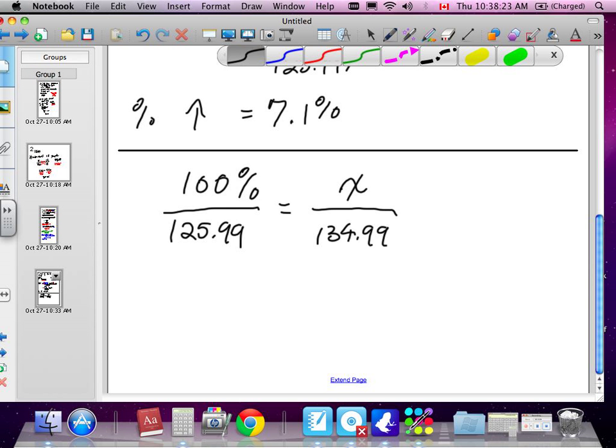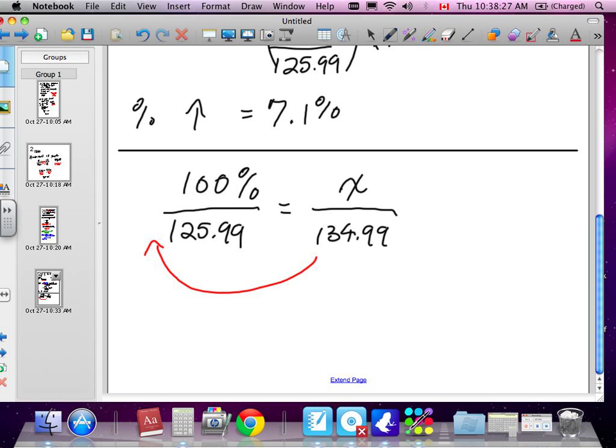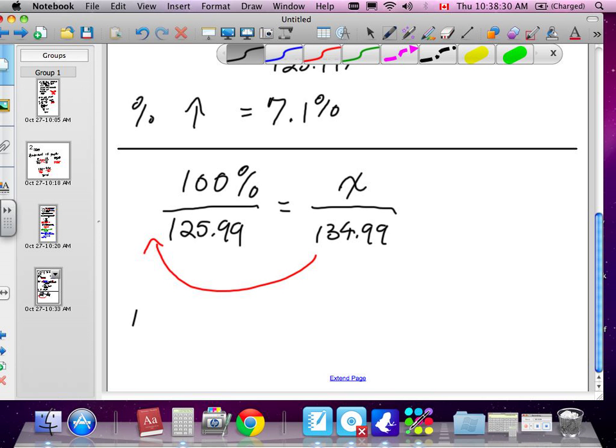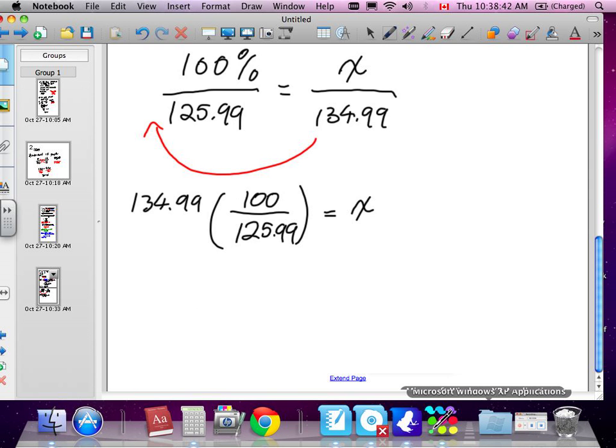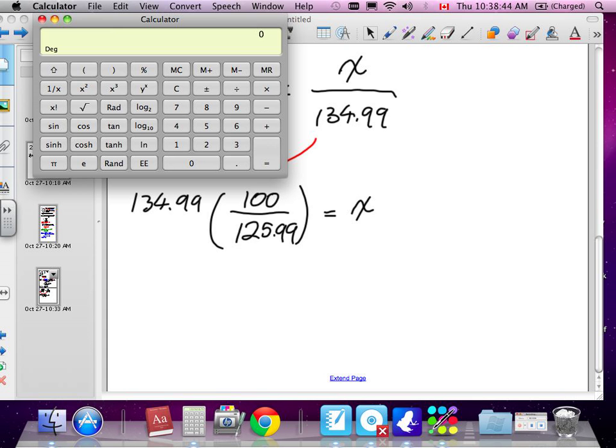So we're going to bring the $134.99 over, so we're going to multiply by that number. So if you notice, we get 134.99 times 100 divided by 125.99 equals X. We're going to do this all in one step. So 100 divided by 125.99 times 134.99 gives us 107.1.